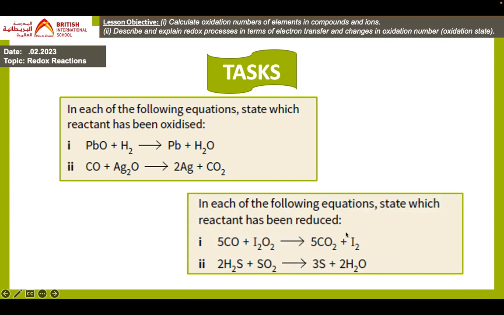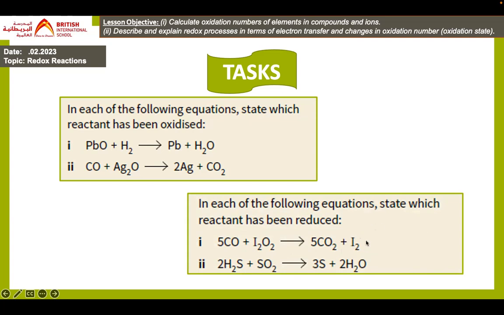Iodine has lost oxygen, reduced. Carbon had one oxygen before the reaction, and after the reaction, carbon has two oxygen. So carbon has gained oxygen, so carbon is oxidized. So what to write as the answer? They are asking which reactant has been reduced. So iodine is reduced here.